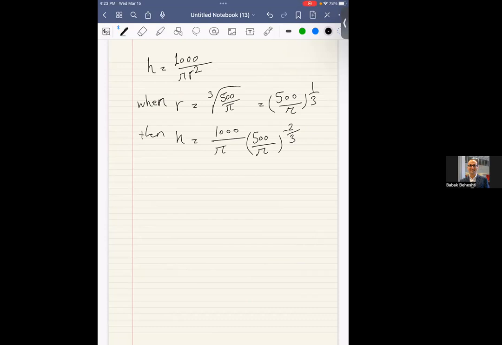These are the dimensions that minimize the surface area. R is this, and h is this.